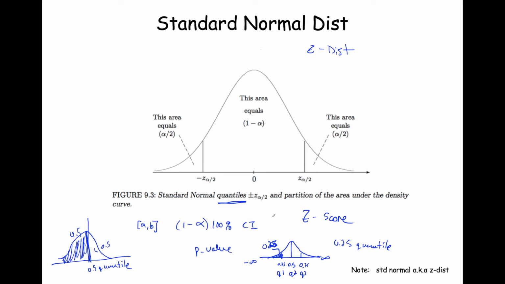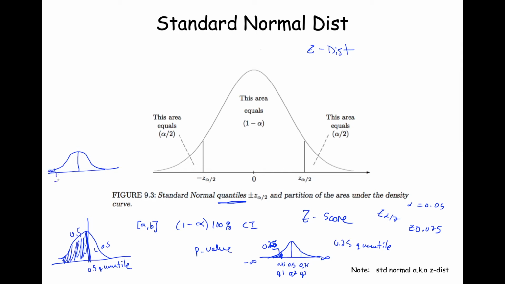Okay, so if we talk about this z alpha over 2, let's just assume alpha is equal to 0.05. What is that? That would be the z 0.025 quantile. What is the z 0.025 quantile? It's that quantile such that it chops up our distribution into pieces.